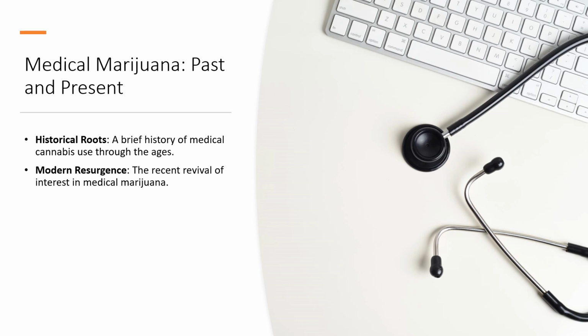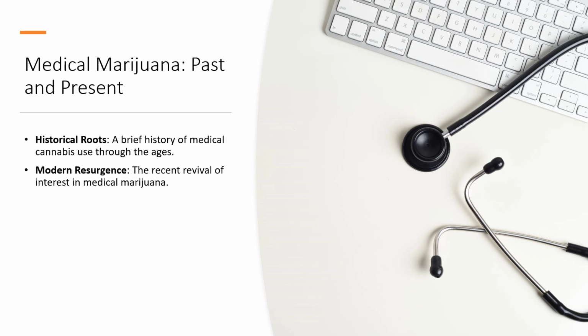Then we move into the late 20th century and onward. There was a resurgence of interest in medical applications of cannabis, particularly for conditions like chemotherapy-induced nausea and chronic pain. And then California's approval of medicinal marijuana in 1996 marked a turning point, and numerous countries and the states have since legalized medical cannabis.